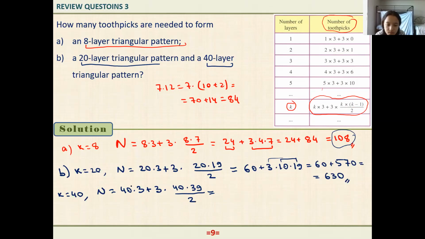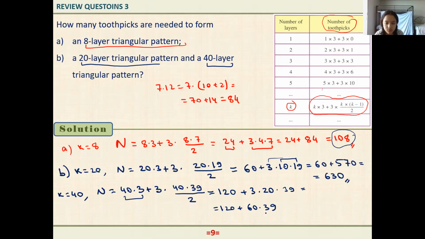Now if you simplify this, what is 40 times 3? 120, right? Plus 3 times 40 divided by 2, that is 3 times 20, which is 60, times 39.